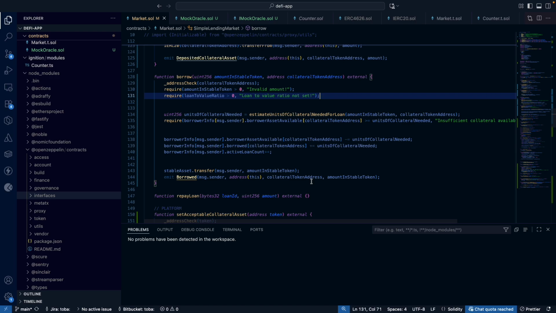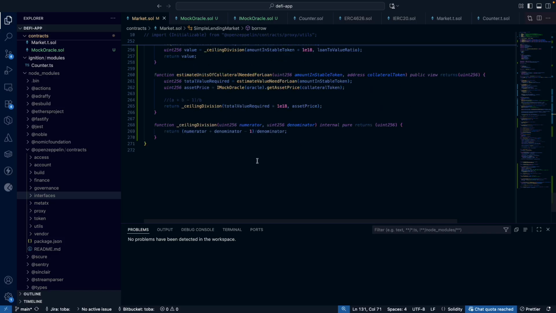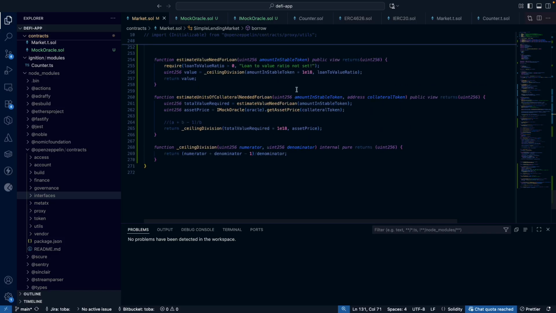Obviously there is one caveat that I need to point out, which is that all the values that we're working with are in 18 decimal places. I am going to make an addition off screen that ensures the numbers are always to 18 decimal places, because all the operations that we're doing here handle 18 decimal places.